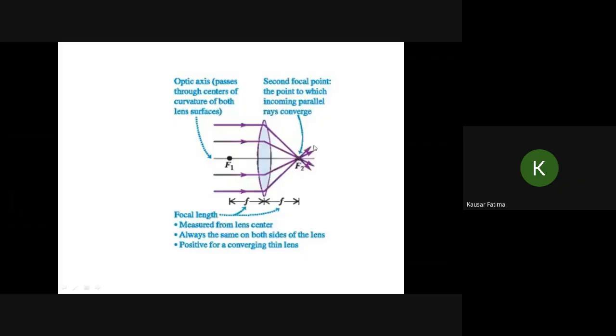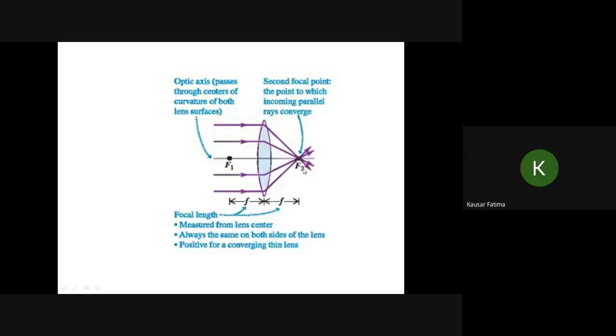In the same way, the rays which come parallel to each other from the right side will get focused on the left side. The distance between the center of the lens, which we also call the optical center, and f1 is called the focal length. This is also a focal length. So a converging lens has a real focal point and real focal length.